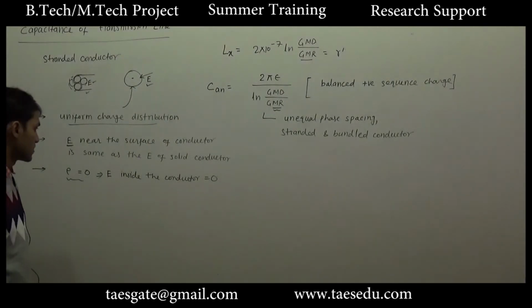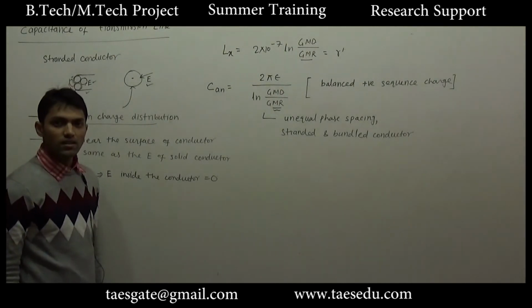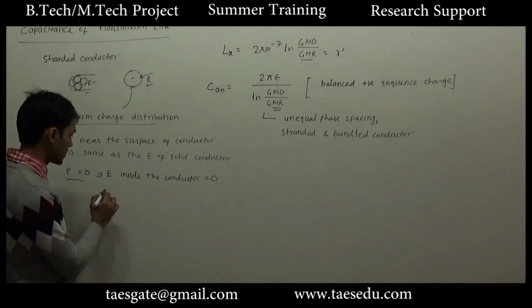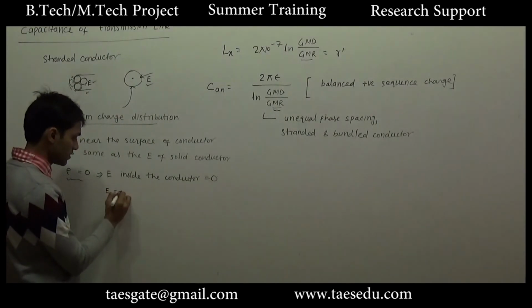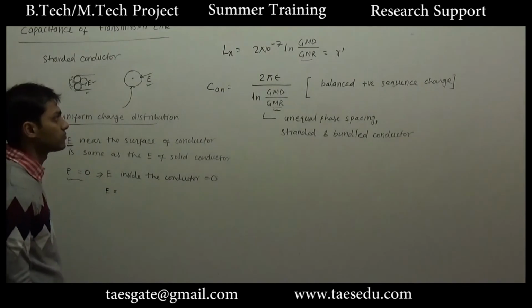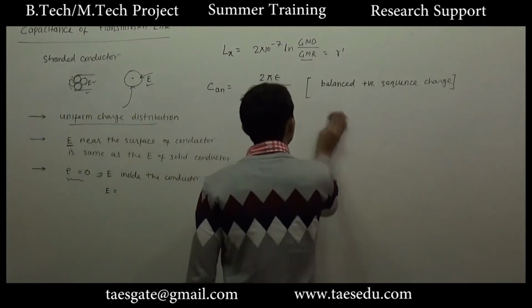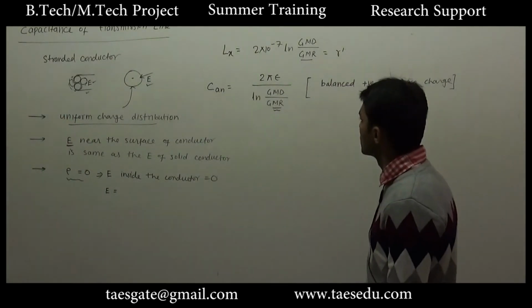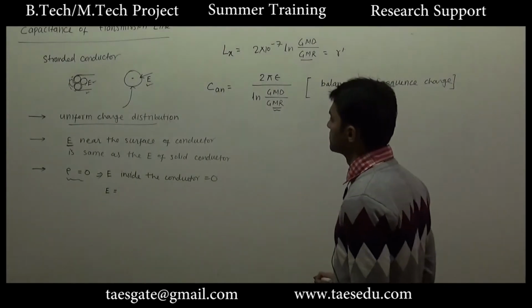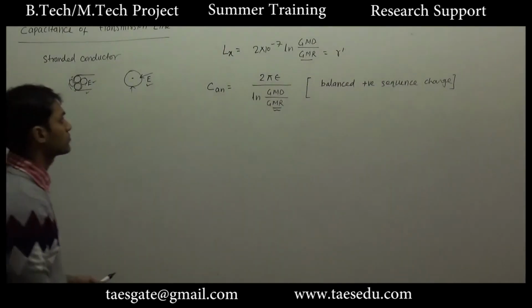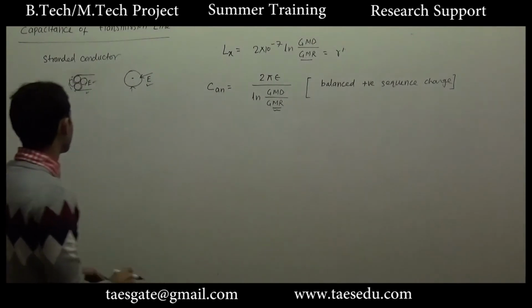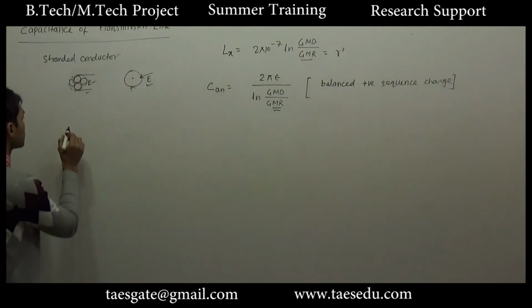If a conductor has some resistivity, there will be an electric field inside the conductor, and this will not exactly be 0. So for a stranded conductor also we can apply this formula.